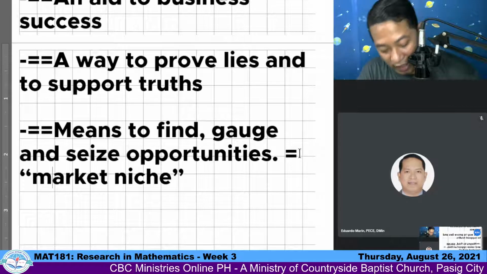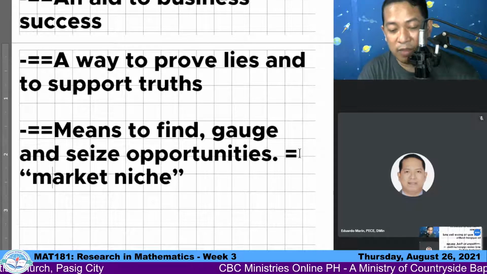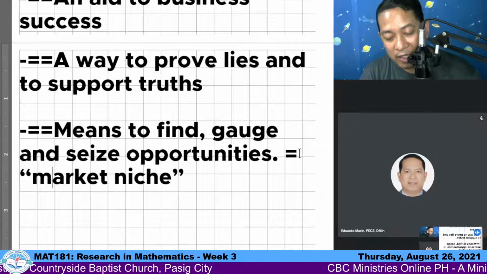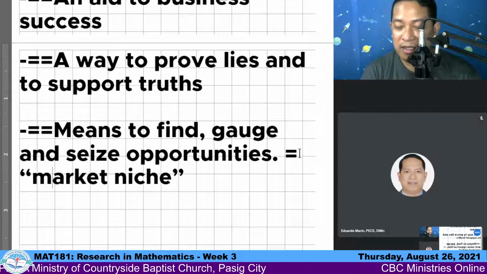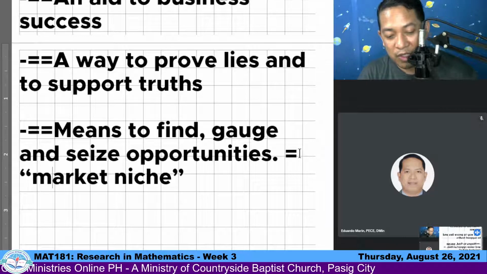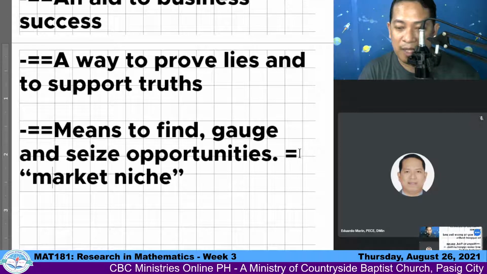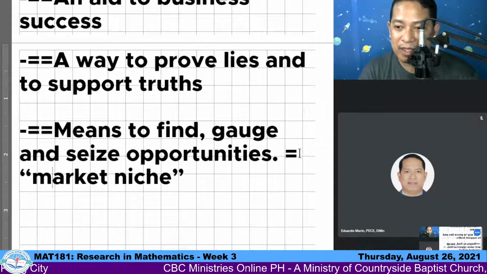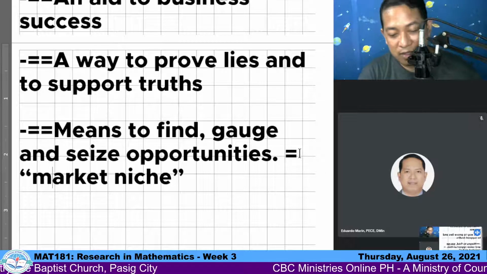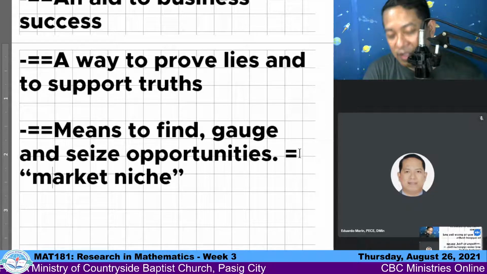So seize opportunities, gauge. Of course, you could gauge whether it's a fair battleground for your part. Kaya mo ba makipagkompetensya? You will do some research. In our profession, perhaps looking for a job, you'll do some research. Sino-sino ba yung mga nag-a-apply din na katulad mo? Ano ba yung mga qualifications nila? Ano ba yung mga communication skills nila?